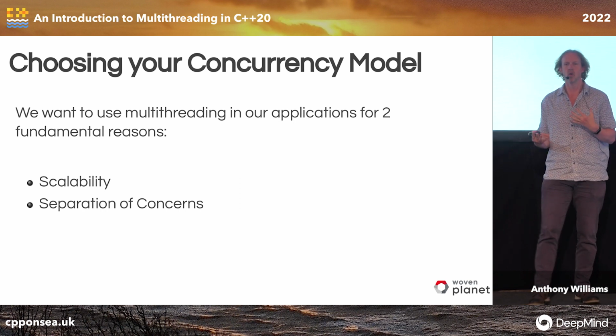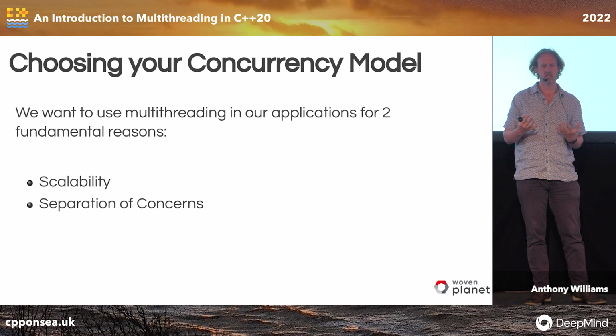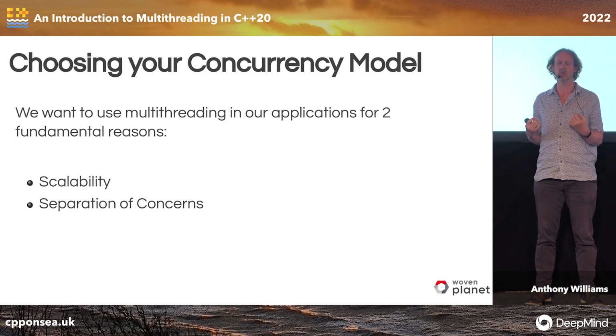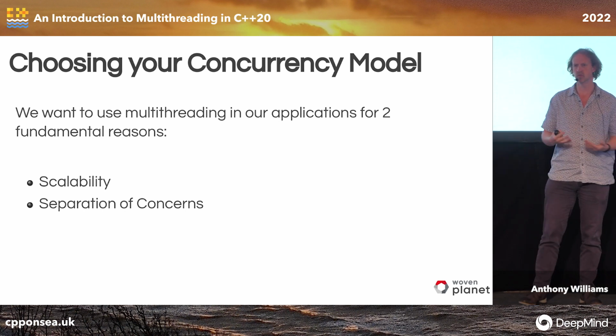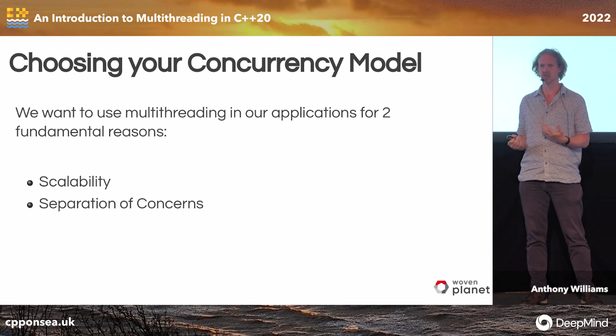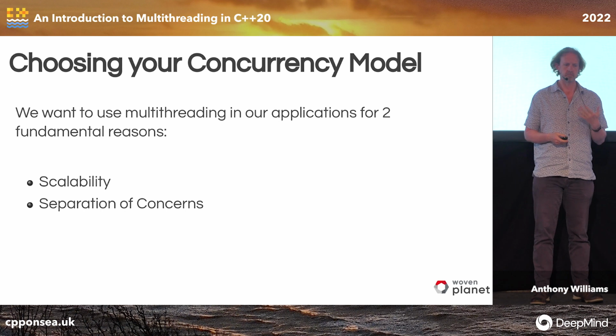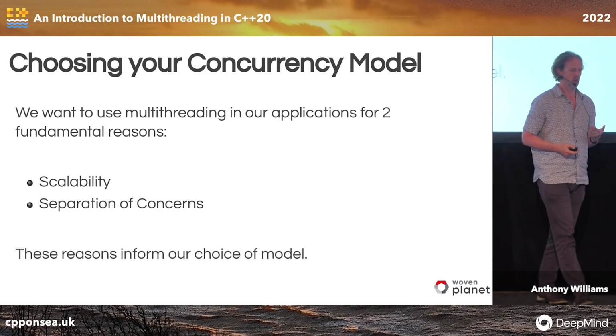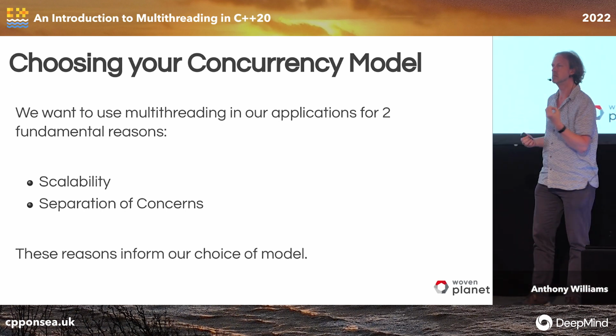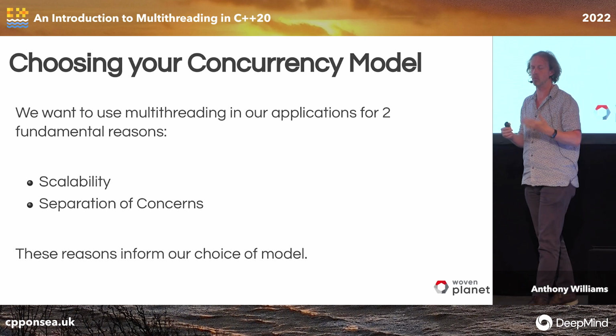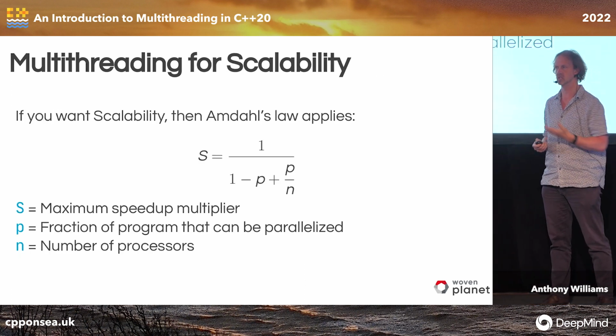And depending on which of these aspects you're looking to, that will guide the way that you use the C++20 facilities and guide the way that you look at your program. So these choices inform how we structure things.